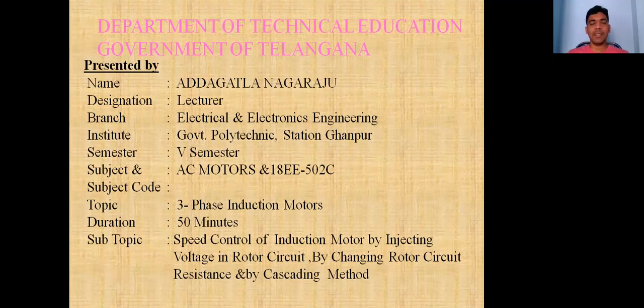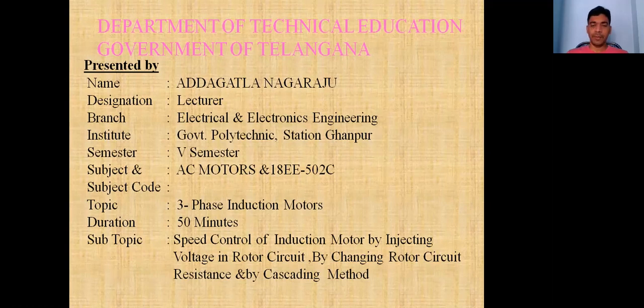In 3-phase induction motor, speed control of induction motor by injecting voltage in rotor circuit, by changing a rotor circuit resistance and by cascading method. These three methods we will see today.